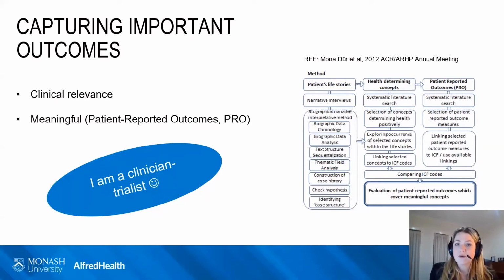This is so that we can ensure that the measurement concepts that are raised by the participants, the people with lived experience, are linked back to measurement constructs in the ICF. And then that can help us identify measurement tools that have good psychometric properties and are considered to be clinically relevant, etc. So that linkage work we need to do from the patient's life story, their perspectives back to ICF and then forwards into our trial is, I think, the piece that we sometimes skip.